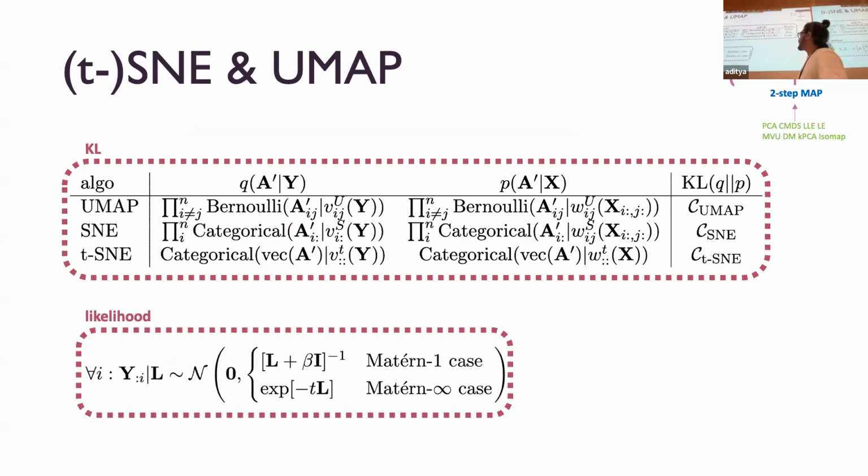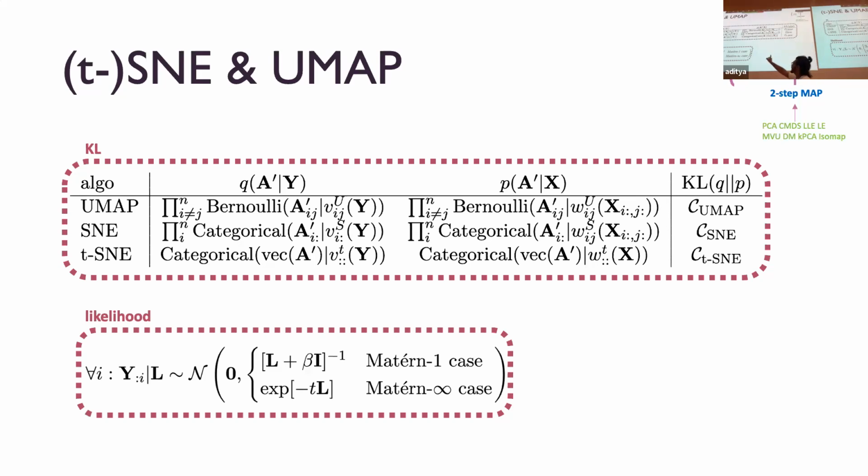Something that I skipped over earlier was the interpretation for SNE and t-SNE, which are super standard. Instead of defining a distribution on each and every single edge, SNE would just put a categorical or multinomial distribution on each row. So every data point talks with only one other data point, essentially, or in the multinomial case, n other data points.